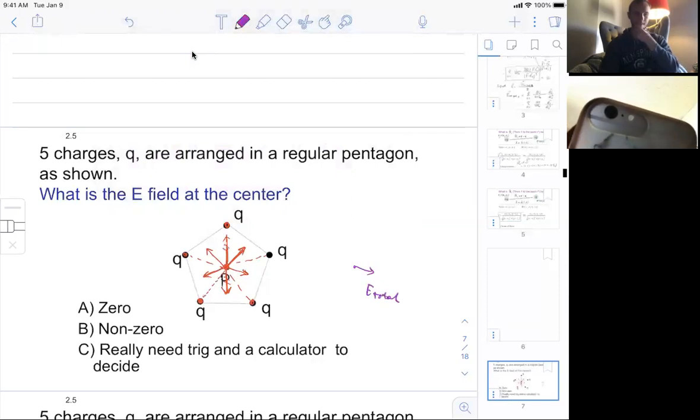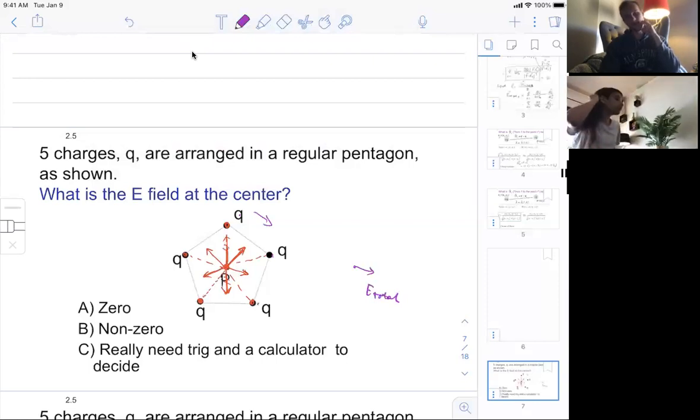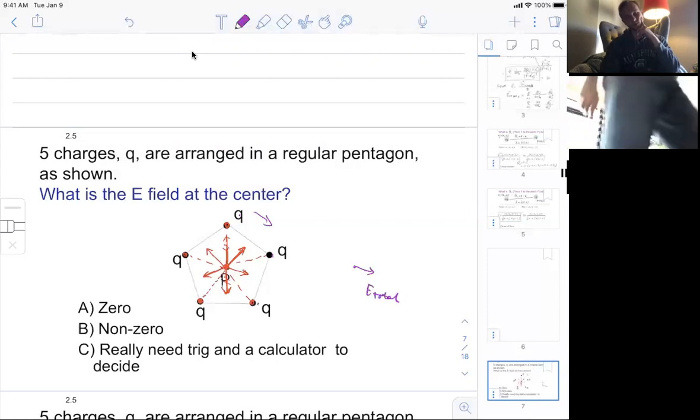Now, if you rotate the charges one-fifth of the way, or if you tilt your head one-fifth of the way, then you must notice a change in direction of the E field, right?